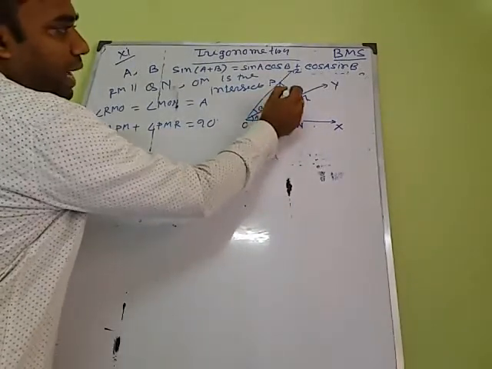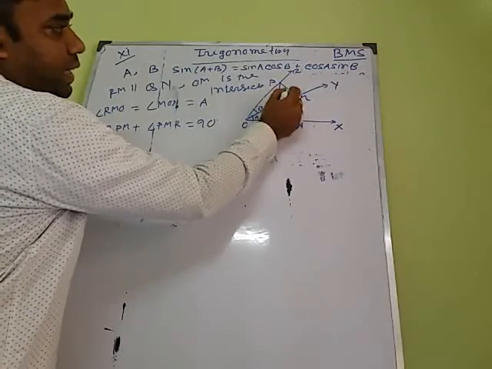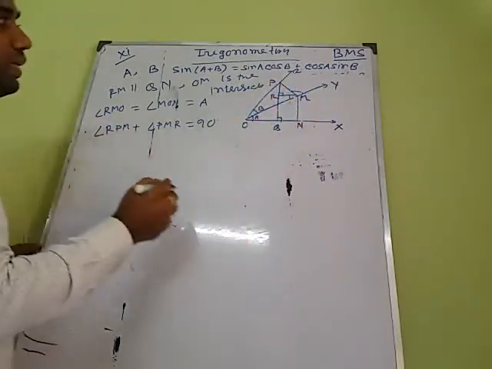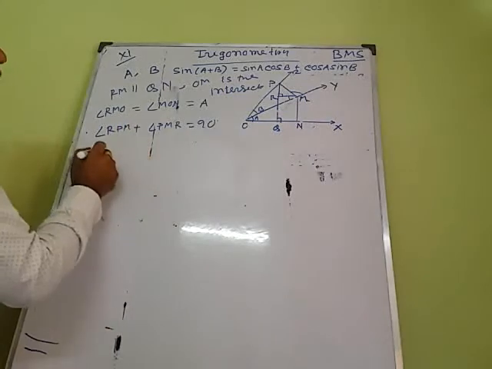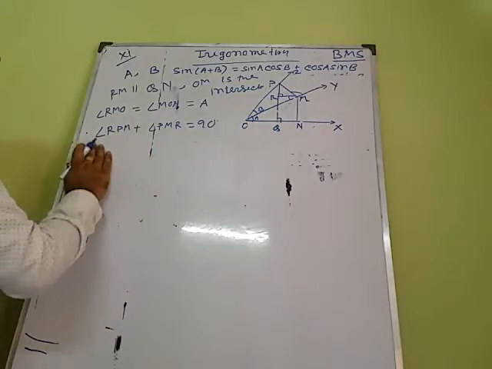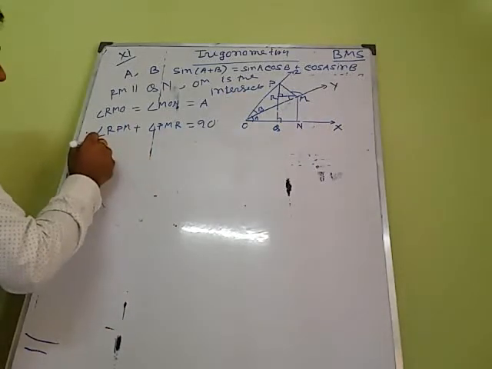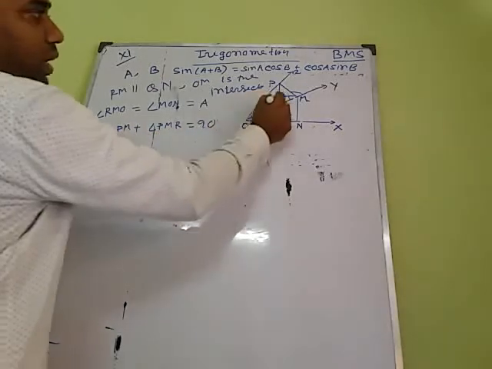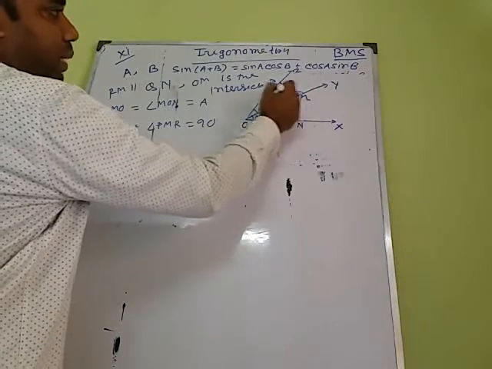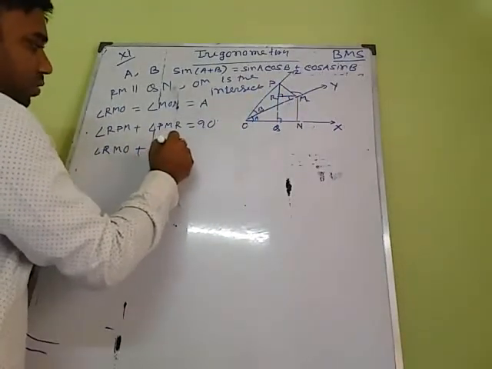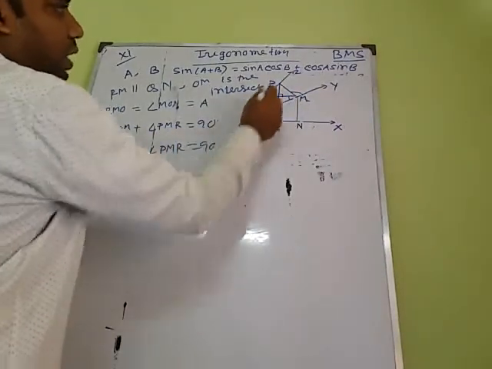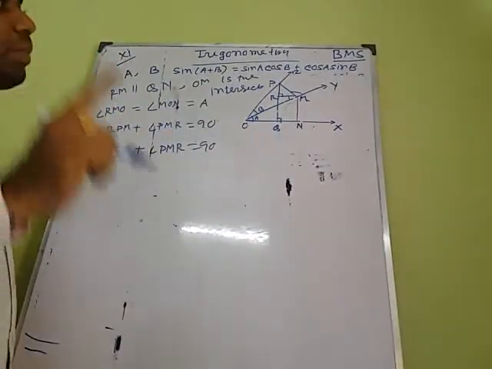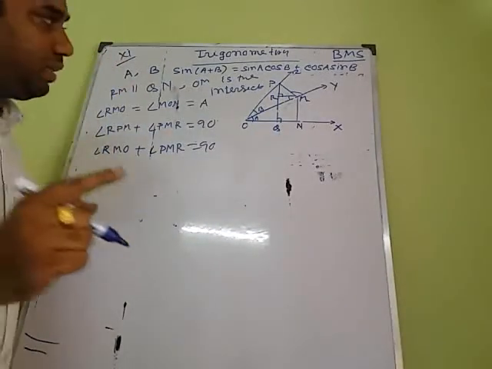Next, this total angle is 90 degrees. Therefore, this angle is the sum of two angles, RMO plus PMR. This is also 90 degrees, because from P we have drawn a perpendicular to OY.